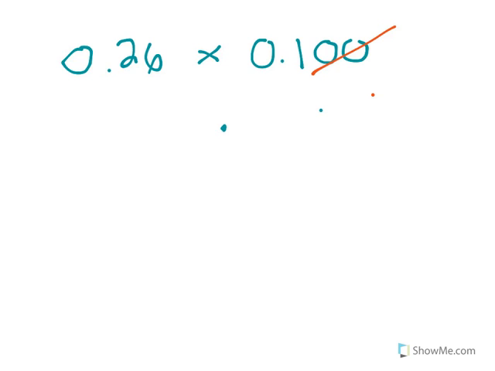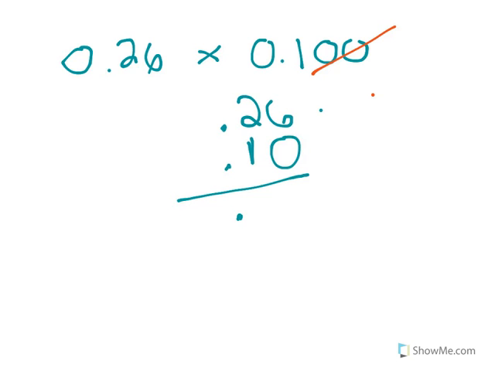One other way to do it is 0.26, 0.1, and line up the decimals like that. That's confusing. You don't like that way? That's how you do addition. Oh, you're right.